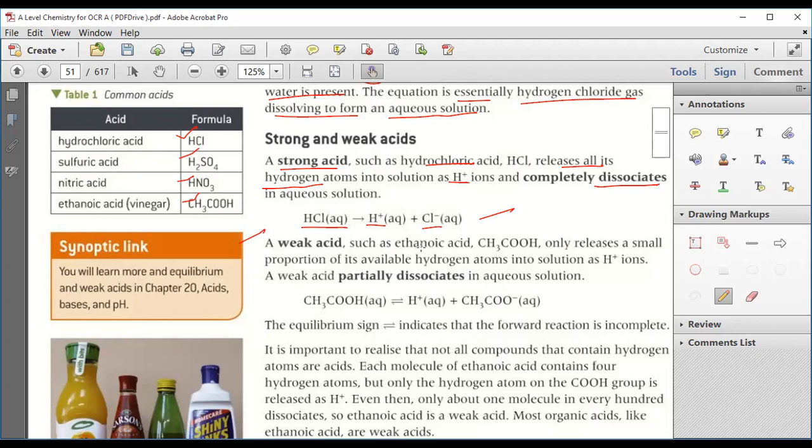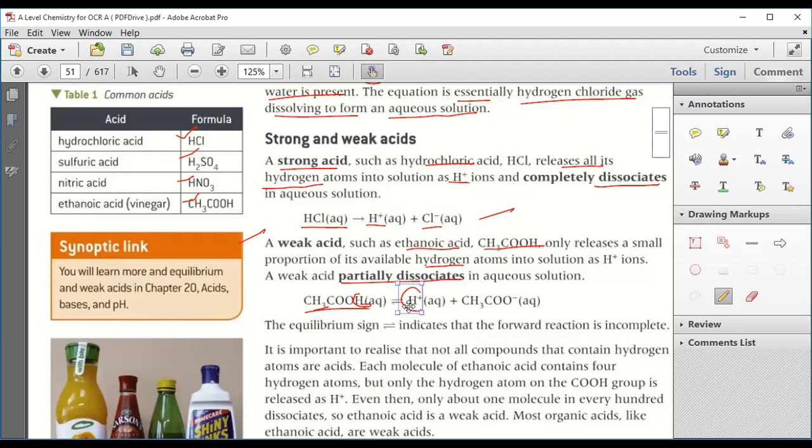A weak acid such as ethanoic acid, or acetic acid, only releases a small portion of available hydrogen. For example, in CH3COOH there are 4 hydrogens available, but they can release only one hydrogen. It means there is a partial dissociation. Clear? So weak acids are those in which partial dissociation takes place.